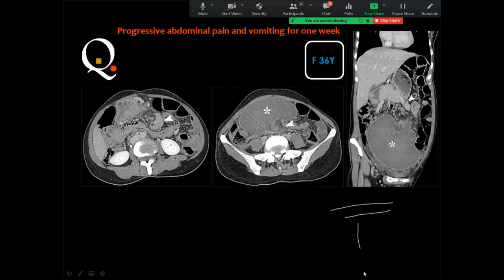The next case is a female patient, 36 years old, with progressive abdominal pain and vomiting for 1 week. And you see a big lesion in the lower part of the abdomen.